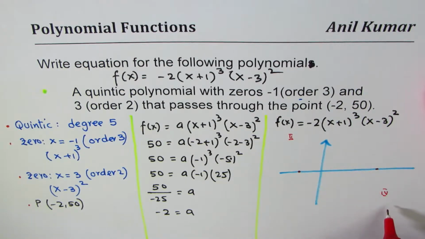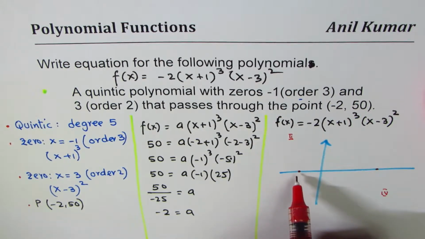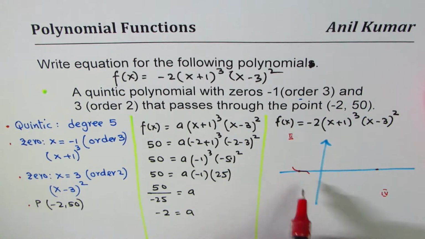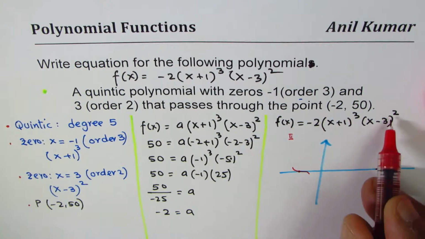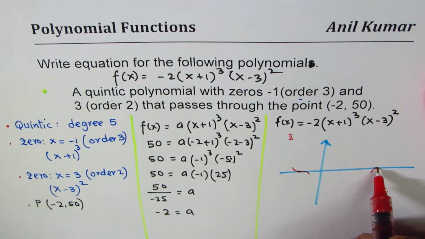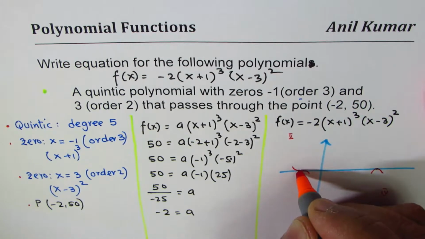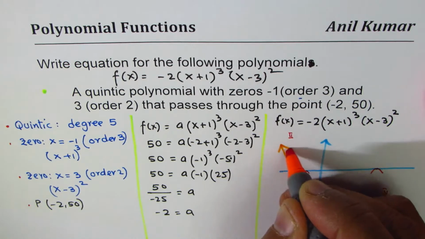That's the end behavior. Now this one is degree 3, that means it will go like a cubic function, kind of like this. And here we have a square, so it will turn like a parabola. Now we can join these points to sketch the graph. So we could say that the quintic function will look like this.